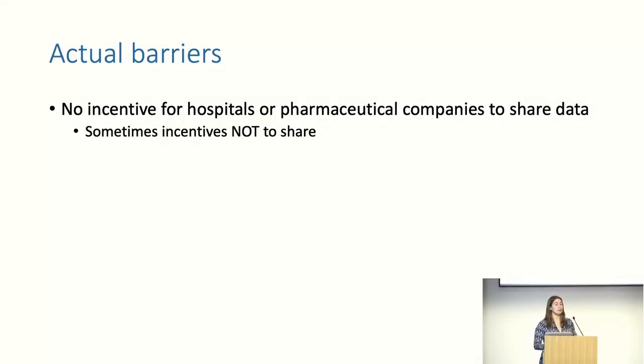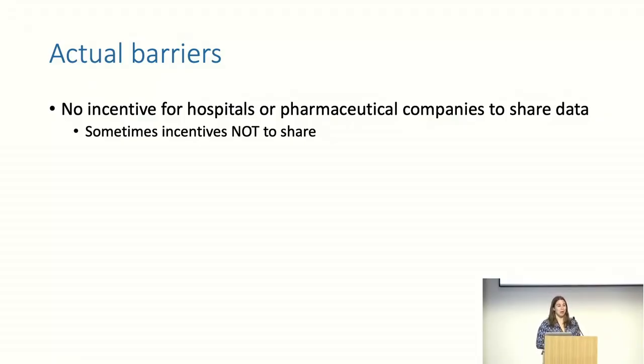As it turns out, there are a lot of barriers as to why we can't do this obvious thing. And the first one is that, from a corporate level, there's not really an incentive to share data, because this is intellectual property. It is in fact very valuable monetarily, and they want to keep it that way.